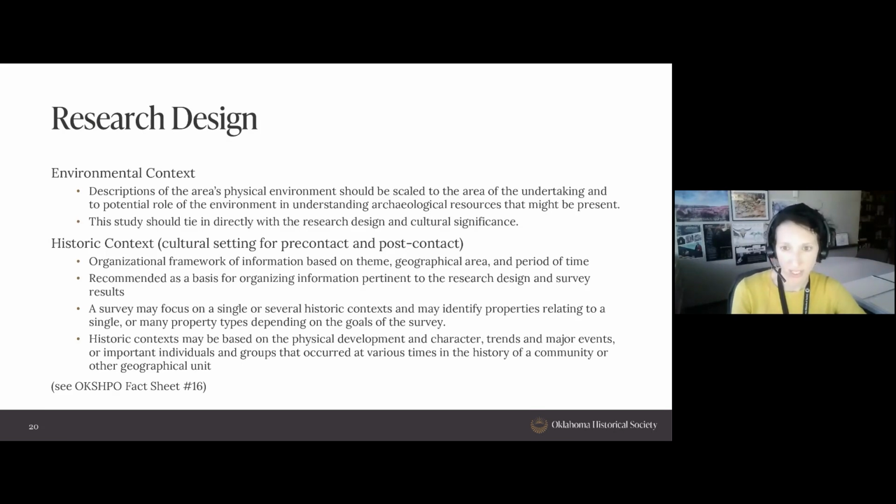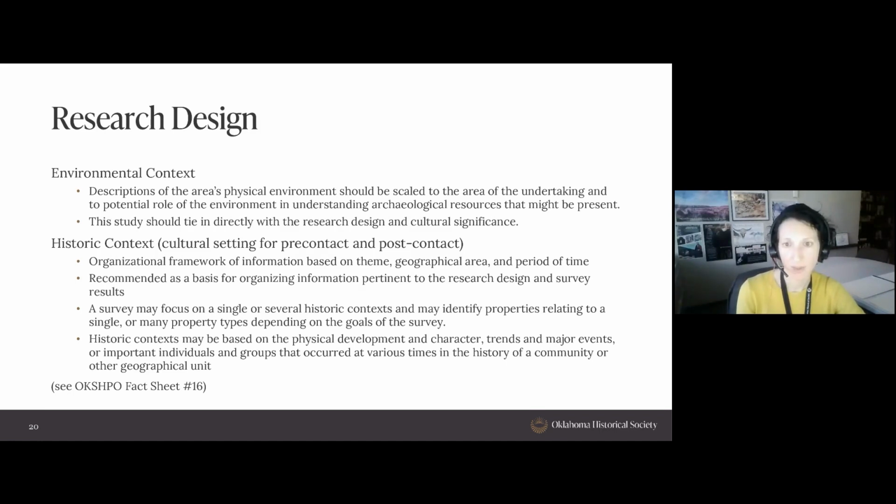The historic context, or the cultural setting for pre-contact and post-contact, is an organizational framework of information based on theme, geographic area, and period of time. It is recommended as a basis for organizing information pertinent to the research design and the survey results.